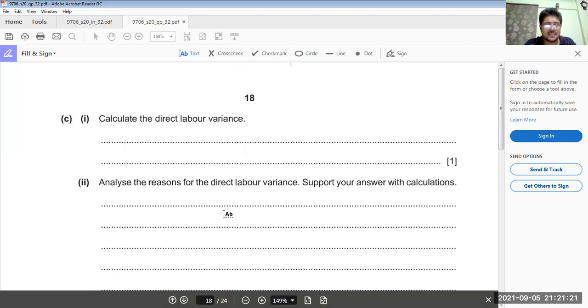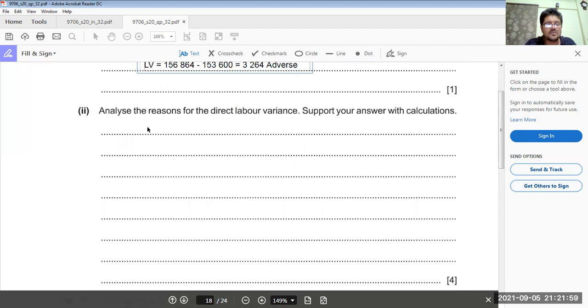Calculate the direct labor variance. Now the direct labor variance is very easy to calculate. First is DL, labor variance. Now for labor variance, it is very easy. The total actual labor cost is 1,56,864, and according to flex budget, it is 1,53,600. So the variance is 3,264, and this is adverse. Okay.